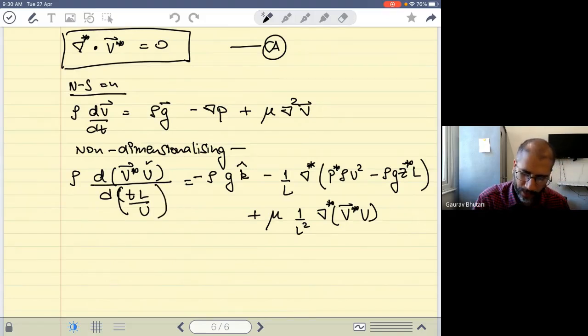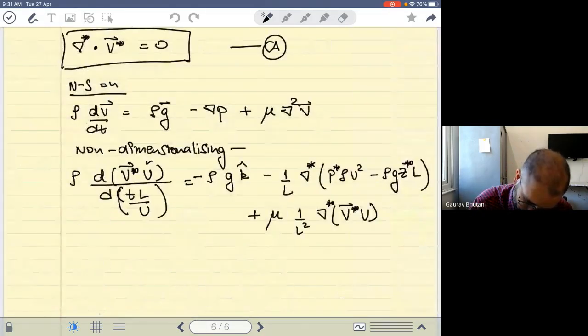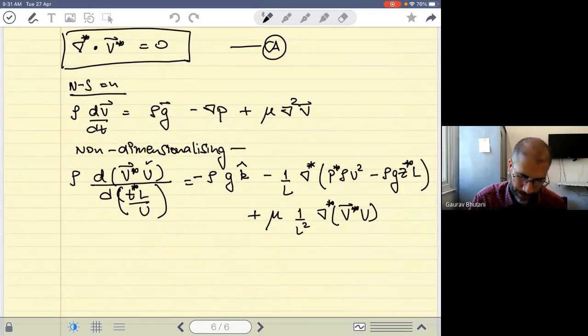The t star times L by u has to give us a dimension of time, because we replace t with t star times L by u.